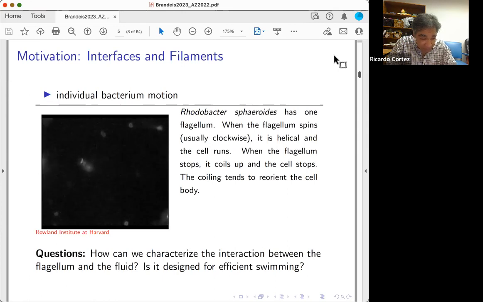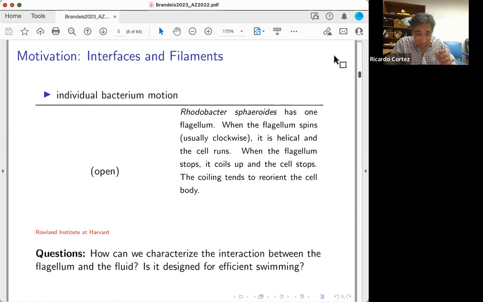This is in a microscope, so there could be a flat glass plate underneath that is affecting the motion. And sometimes they also stop rotating their flagellum, which makes a recoil in some way, and that reorients them, and they go in a different direction.